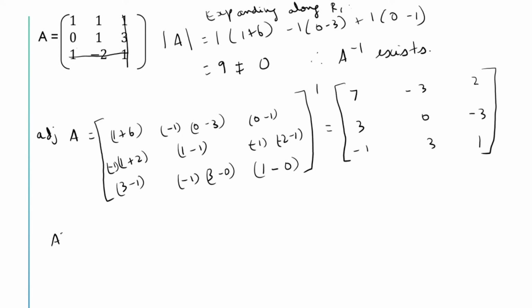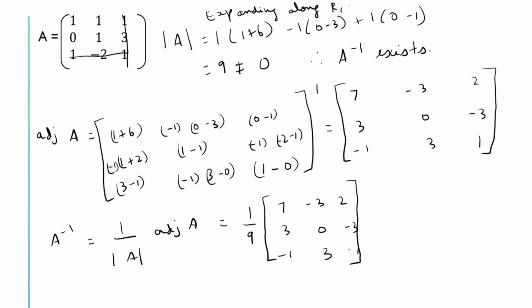Now A inverse is equal to 1 by determinant of A into adjoint of A. So it is equal to 1 by 9 into the matrix 7, minus 3, 2, 3, 0, minus 3, minus 1, 3, 1.